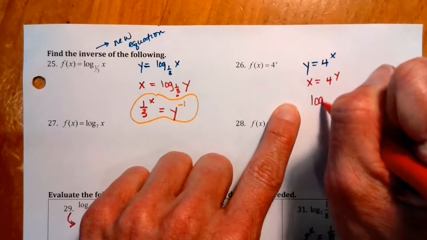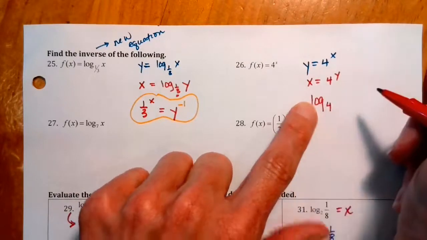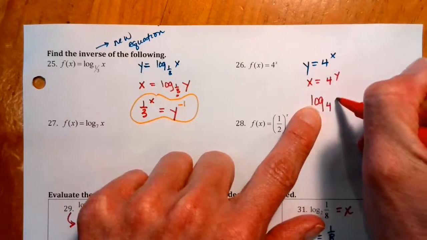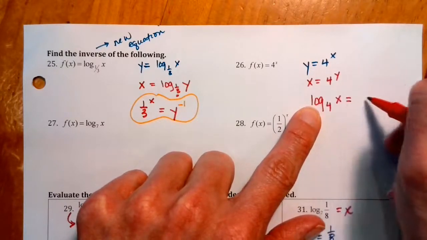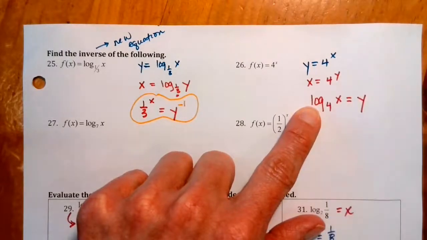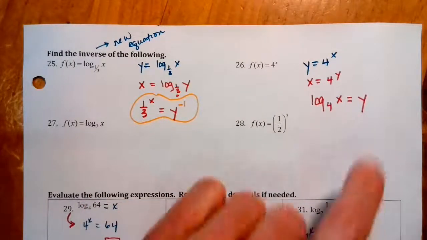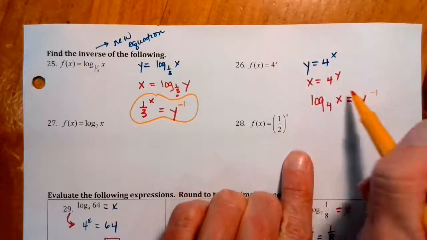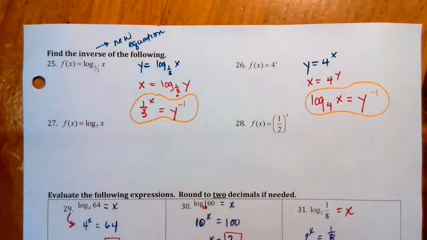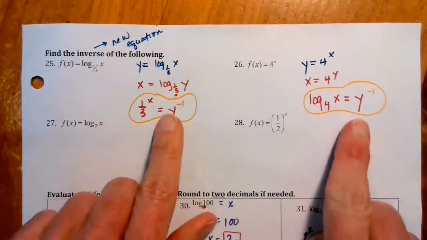So the log of the base 4, remember the log is the exponent. The log of this base with this outcome is equal to that value. And again, we can put that -1 on it to make sure that we all understand that that's going to be an exponential equation.